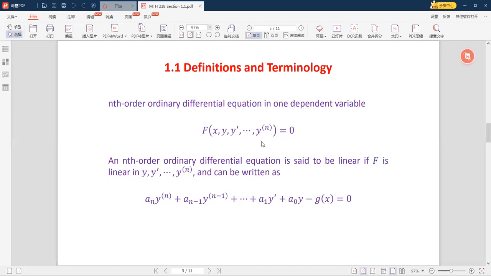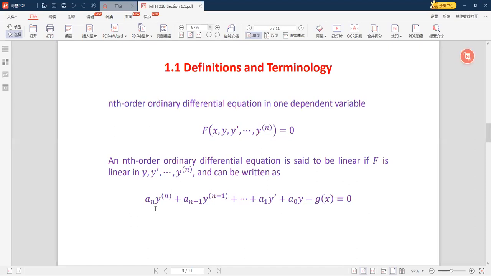More explicitly, this equation can be written in this form. We have a bunch of terms.